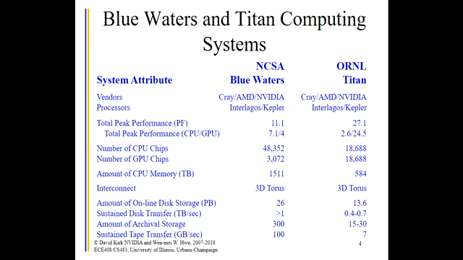So even though they have many fewer nodes, only 18,000, each node has a CPU and GPU, versus 50,000 nodes in Blue Waters, of which only about 4,000 or so are CPU-GPU nodes. The rest are CPU-CPU nodes.